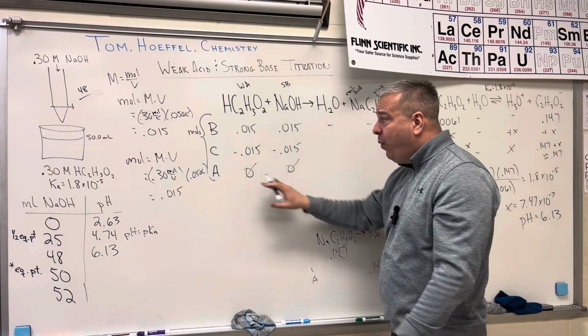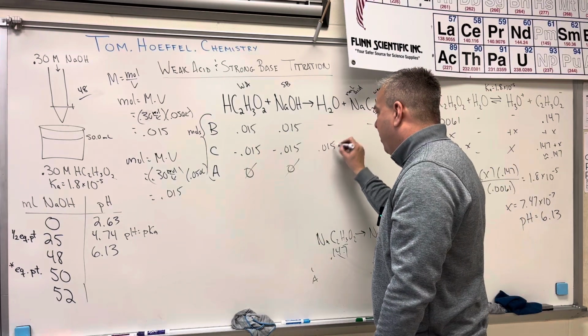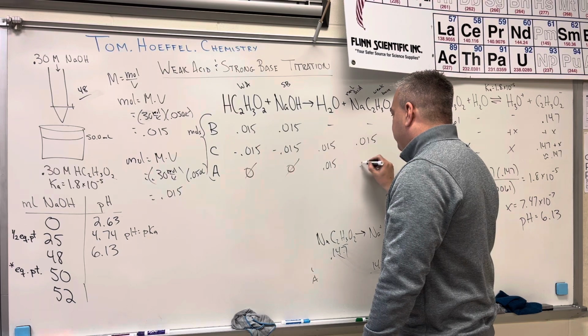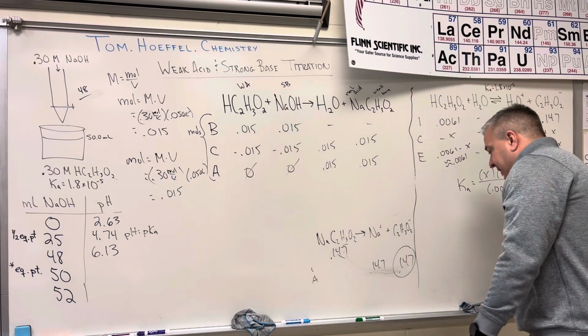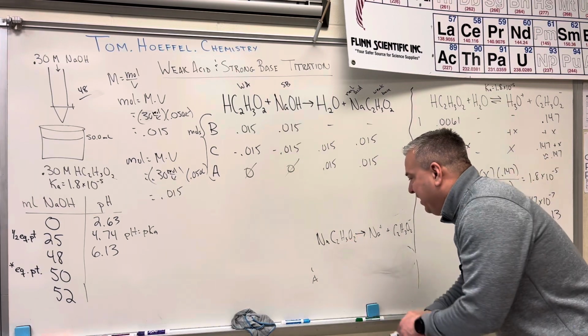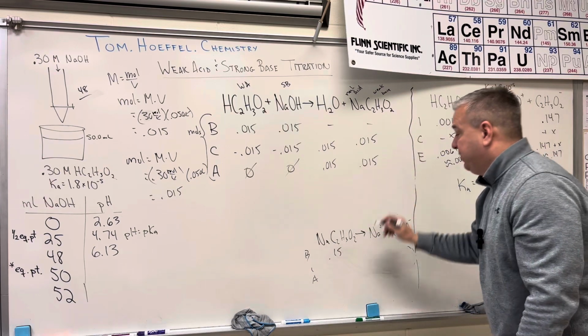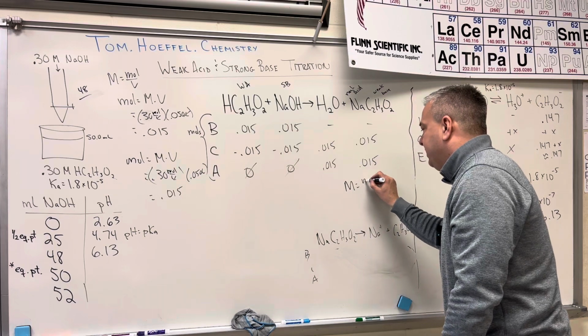So no weak acid, no strong base, but we're going to produce some water, and we're going to produce some sodium acetate, okay? Now remember that sodium acetate is going to split up into its ions, so I'm going to come in here and put 0.15. Oh, I'm sorry, I actually have to get the molarity first, so let me do that.